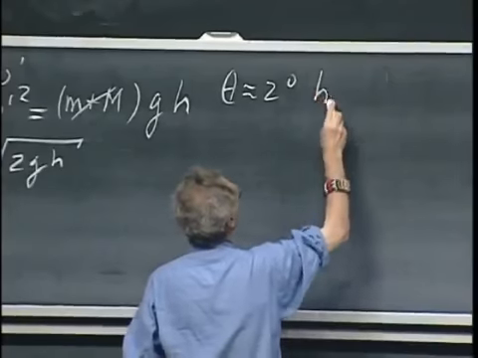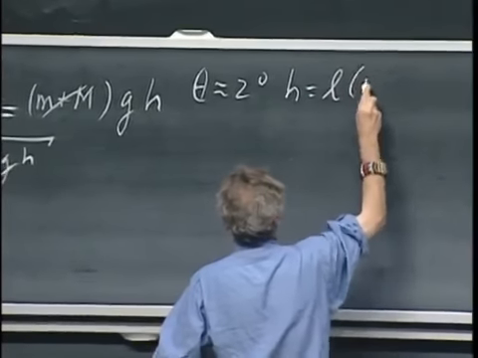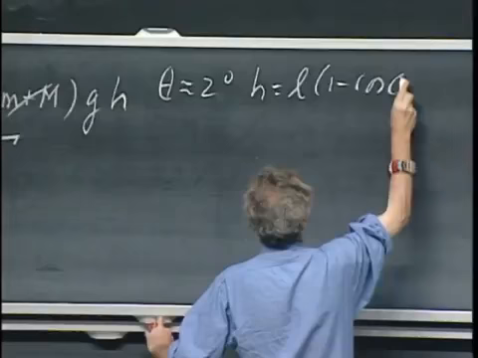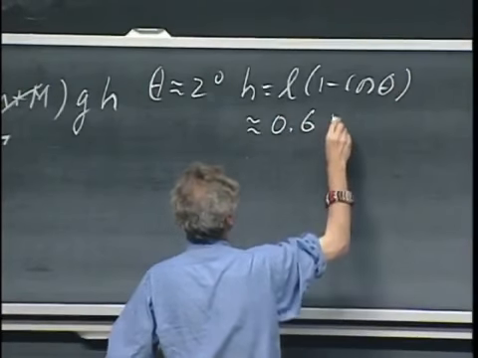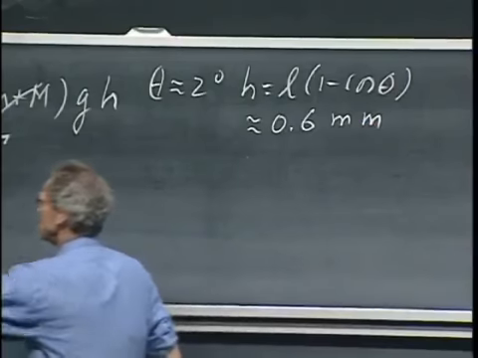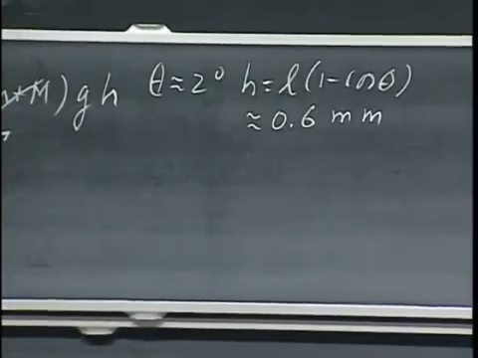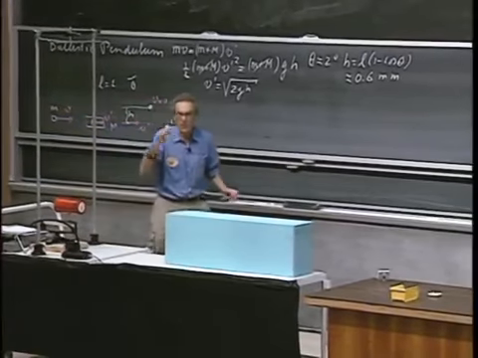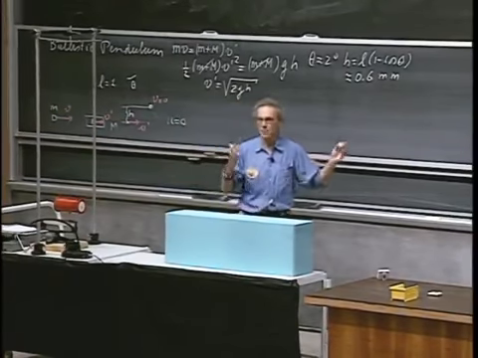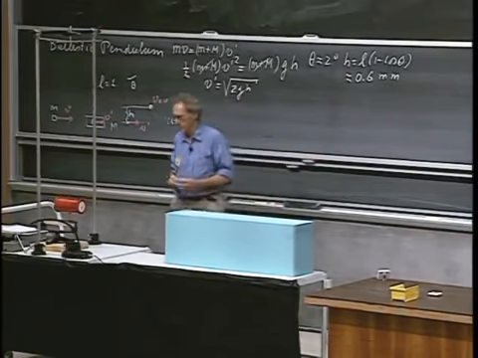Then h, which is L times (1 minus cosine theta), is only 0.6 millimeters for the dimensions that I have chosen here, for a length of 1 meter. And that's it. You can't even see it. It's invisible, let alone that you can measure it to any degree of accuracy.